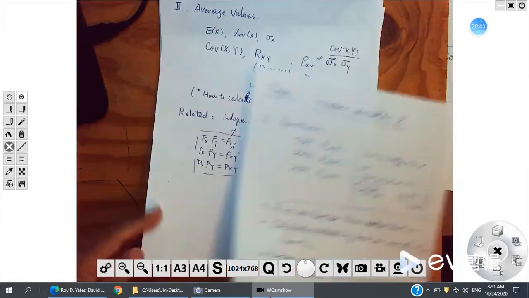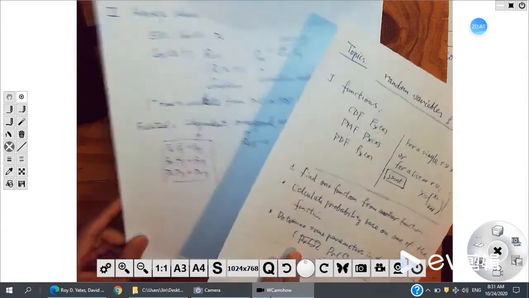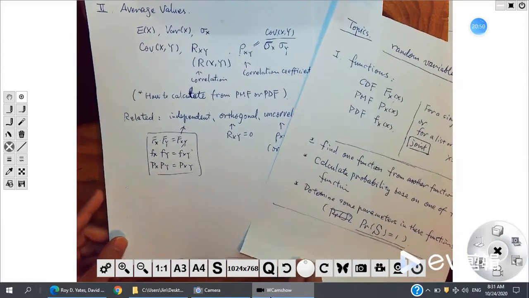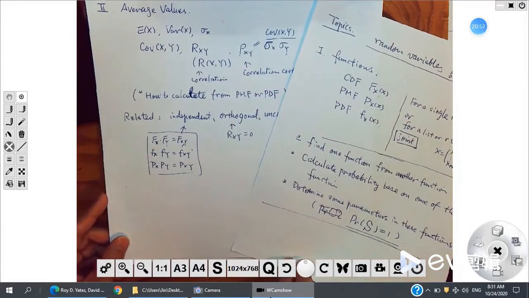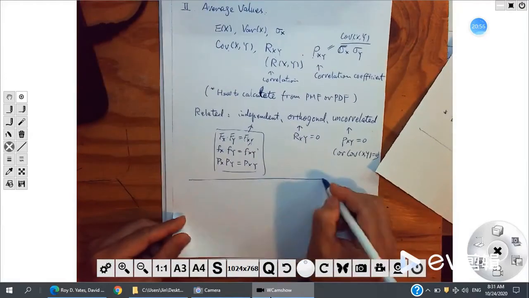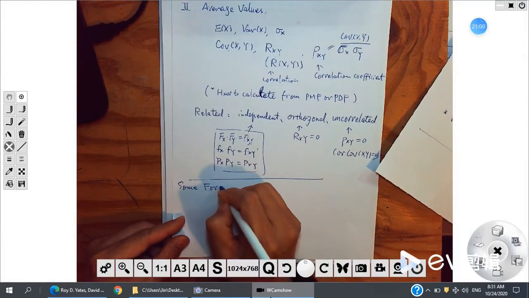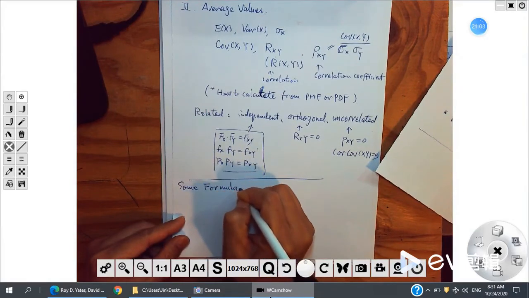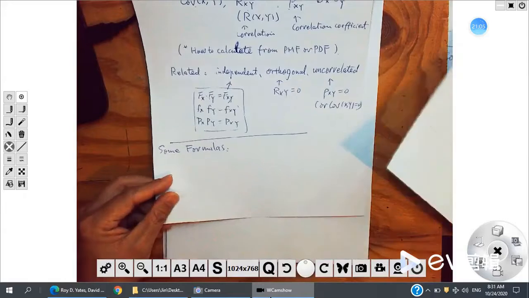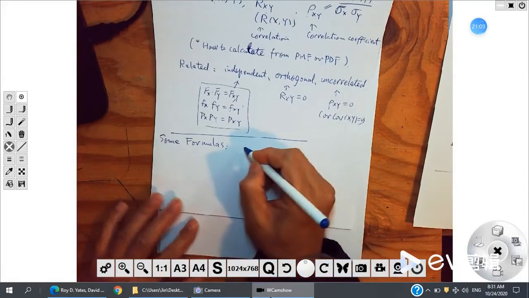Basically, this is topics 1 and 2, all the concepts and formulas we have. Oh, we have one more thing: some formulas. When we calculate the average values, we have some formulas.